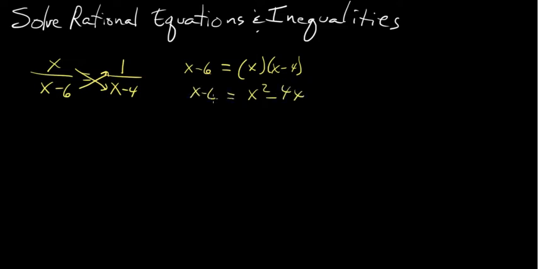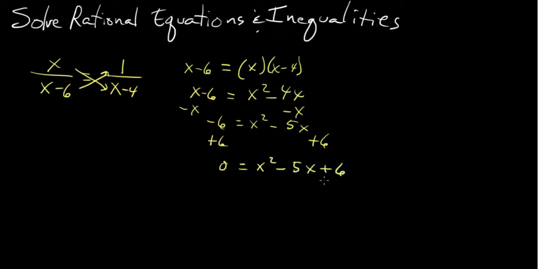And this is x minus 6. If I subtract x from both sides, I get negative 6 equals x squared minus 5x. And I add 6, and I have 0 equals x squared minus 5x plus 6.